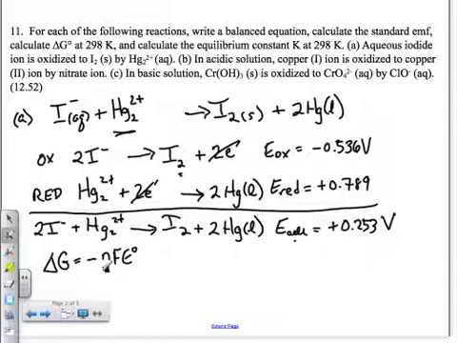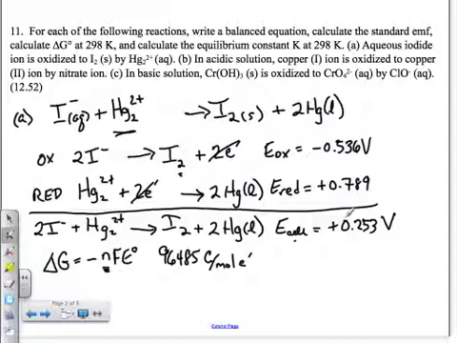So I am going to be using an n of 2 for this reaction. It's a 2 electron change. F is Faraday's constant, 96,485 coulombs per mole of electrons.